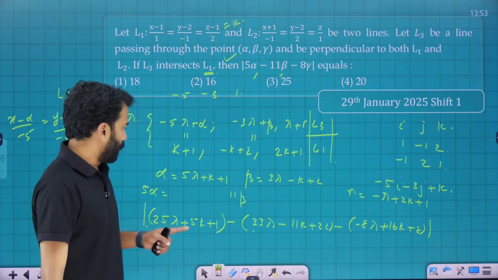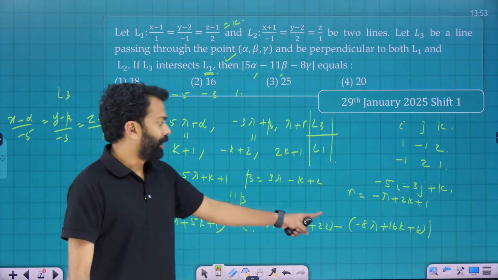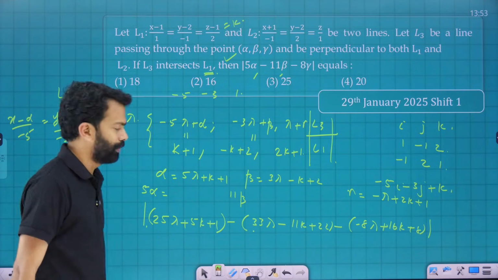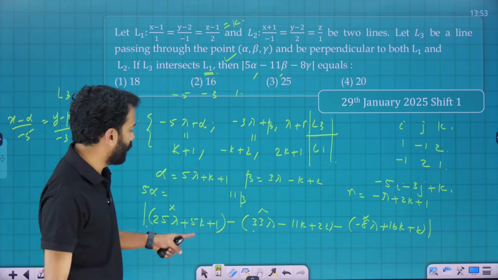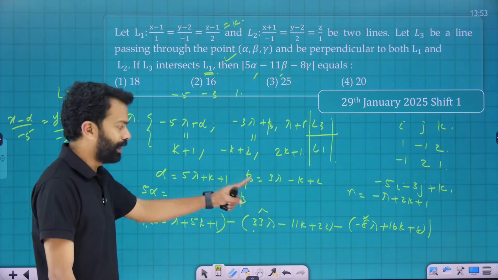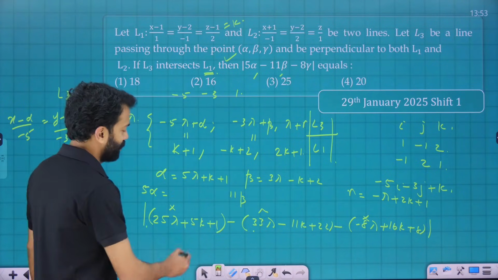See, 25 lambda minus 33 lambda plus 8 lambda got cancelled. It's getting interesting, right? Therefore, lambda got cancelled. And what about k? 5k plus 11k, minus and minus becomes plus, that is 16k. 16k minus 16k got cancelled.